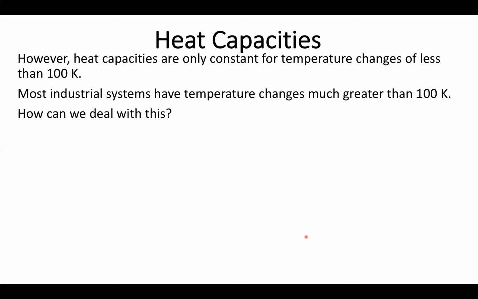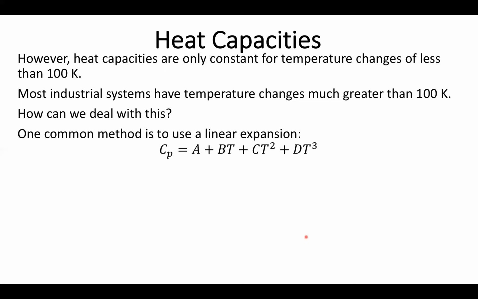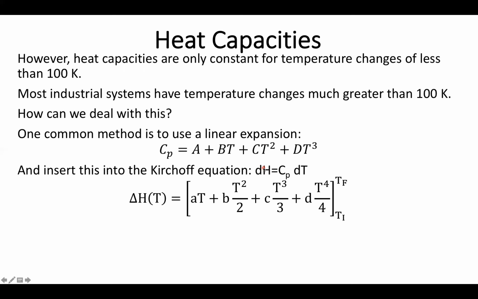So how can I go ahead and deal with this? Well, turns out we have to make use of our good old friend linear expansion. So one of the things to watch out for is that almost every resource you will consult will use a slightly different form of the linear expansion. But this is a fairly common one in the NIST standard books.